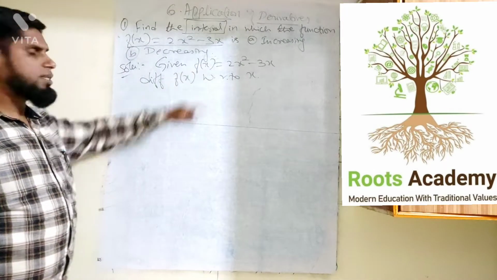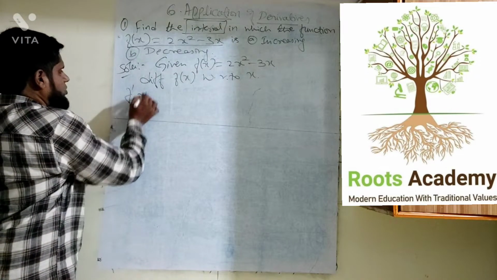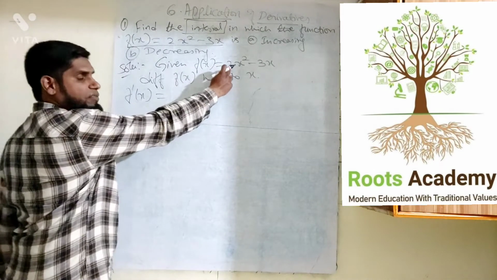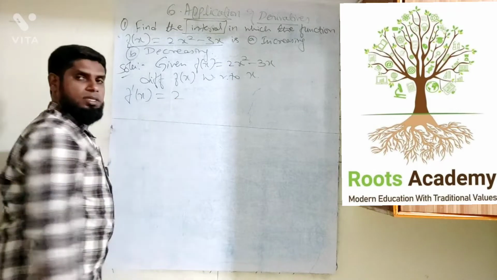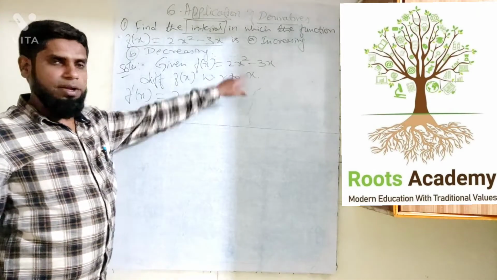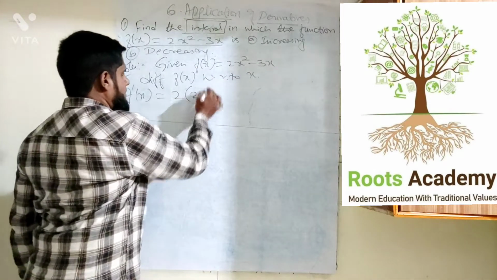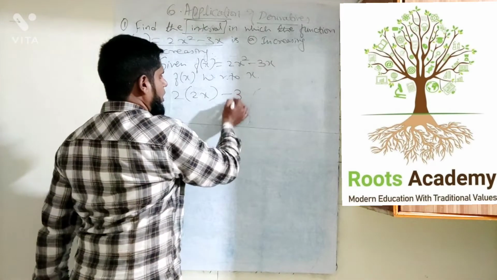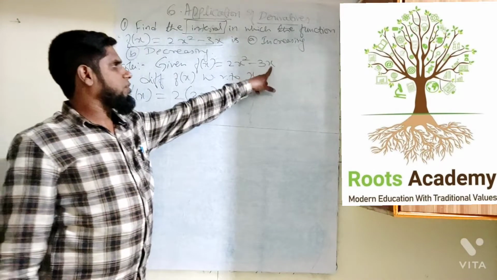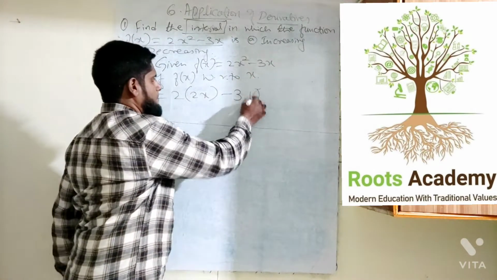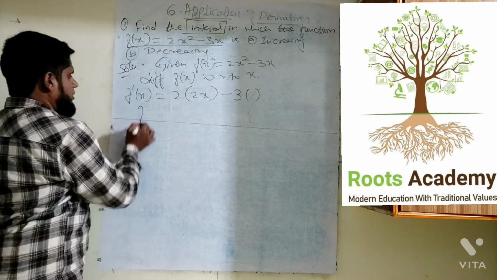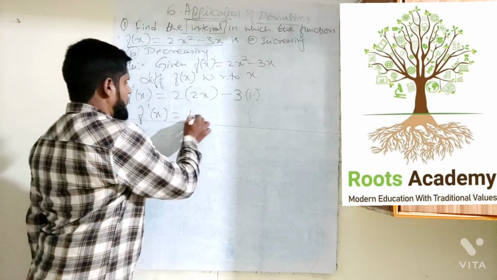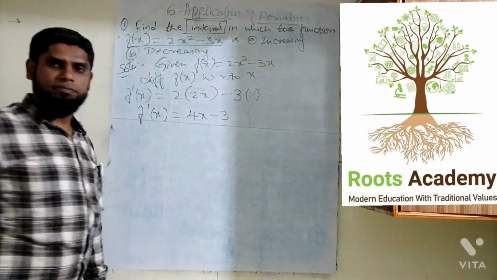The derivative of f of x is f dash of x, and that is equal to 2 is a coefficient here, as it is, derivative of x square is 2x, minus 3 is a coefficient as it is, then derivative of x is 1. So finally my f dash of x is equal to 4x minus 3.